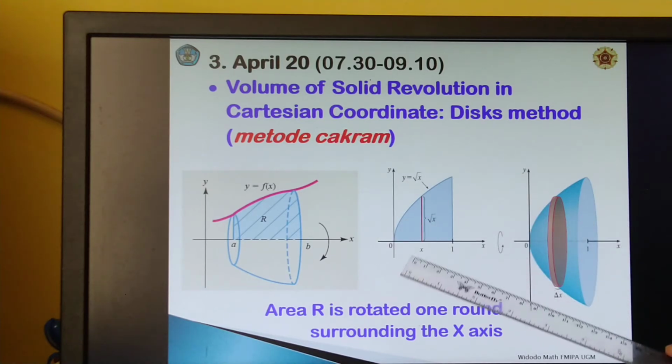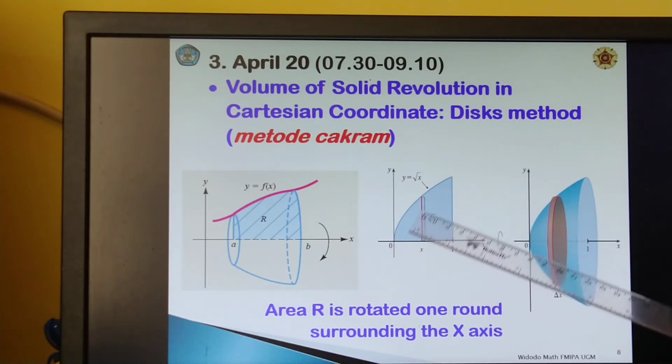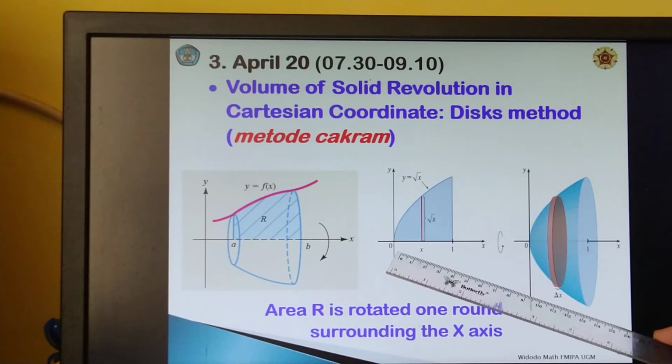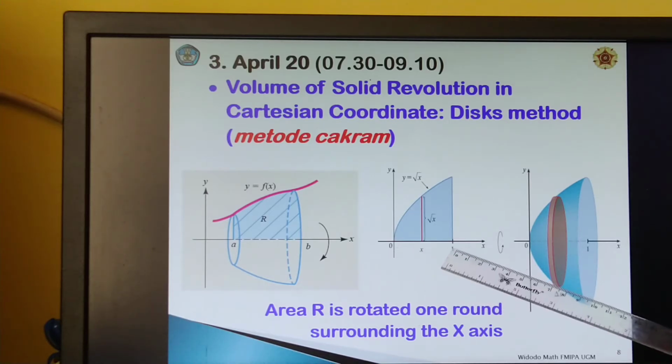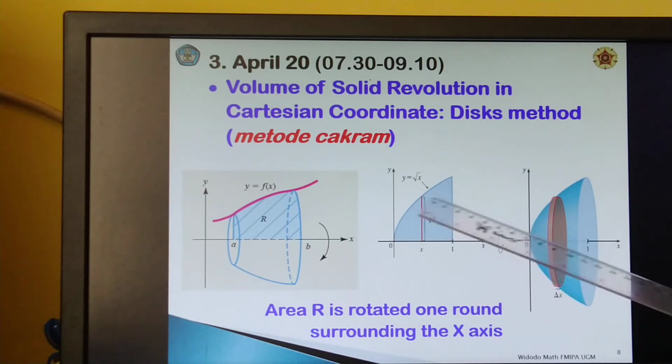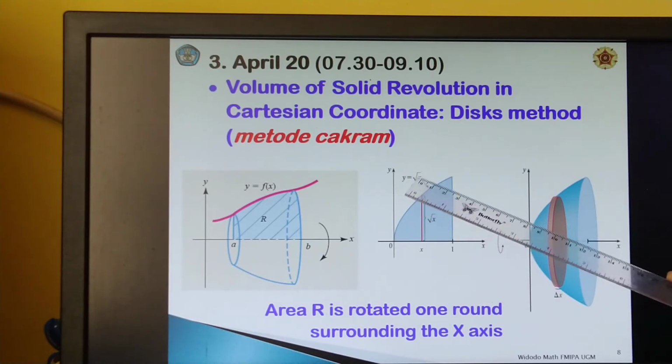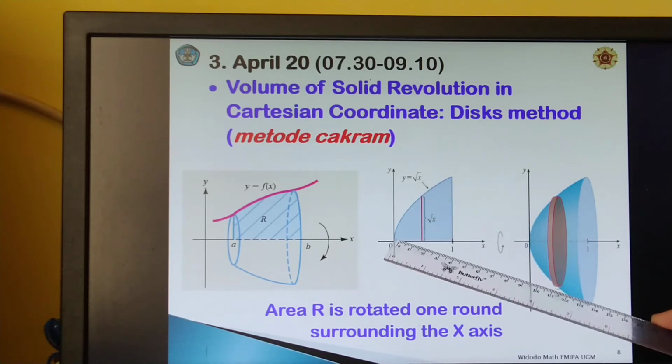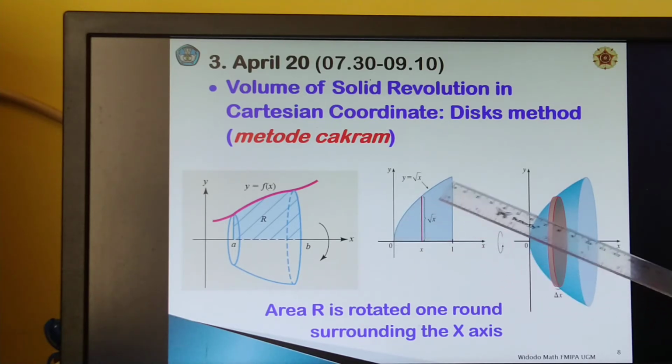For example, if we have the area R restricted by x equal to 0, x equal to 1, and above by the function y equal to the square root of x, the area looks like this.